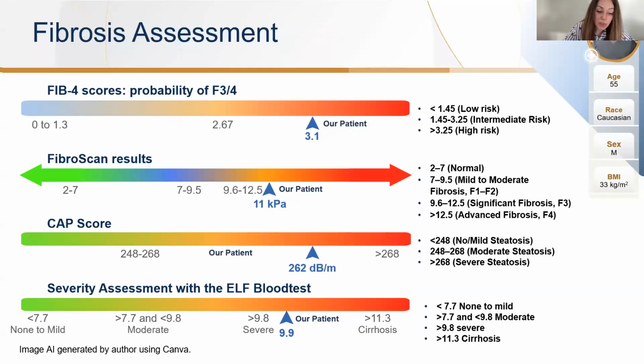ELF, or Enhanced Liver Fibrosis Test, is a blood test that measures 3 biomarkers involved in collagen homeostasis: hyaluronic acid, procollagen 3 aminopeptide, and tissue inhibitor of metalloproteinase TIMP1. A score of 9.8, as seen here, is considered high. Our patient had a score of 9.9, which correlates with presence of advanced fibrosis.